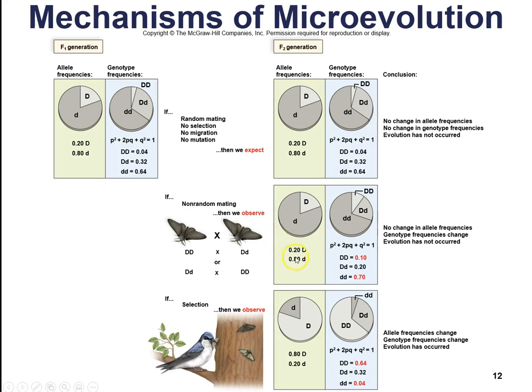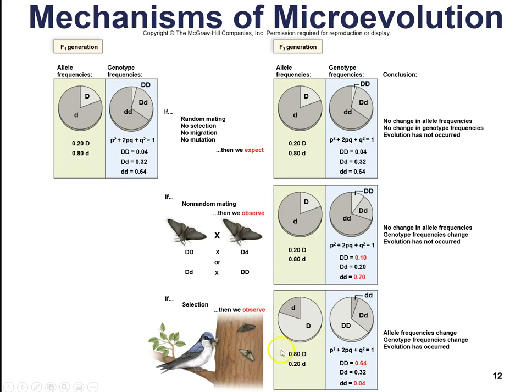Then you can see that there ends up being a change in genotype frequencies here, but there is no change in the allele frequencies, okay? If something like natural selection occurs, then you'll see that these allele frequencies will change, okay? This is a typo, okay? Oh, no, it's not. It flip-flopped. Sorry. I was going to say it's supposed to change.